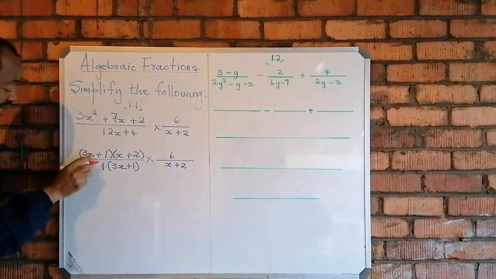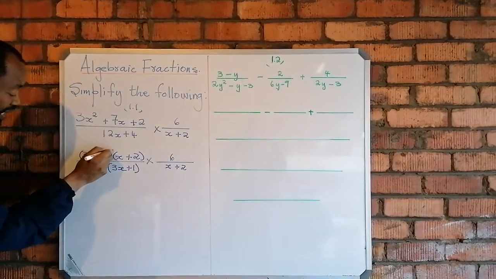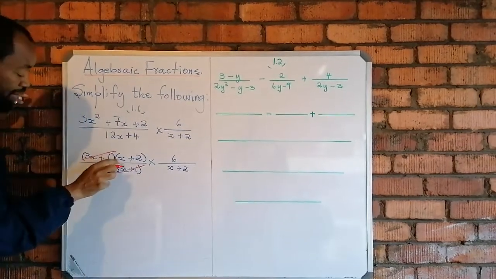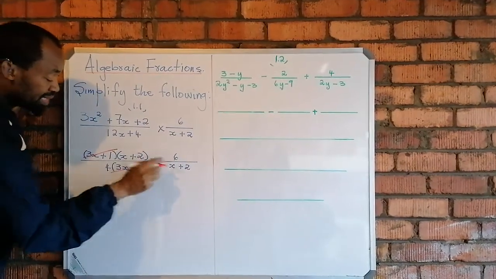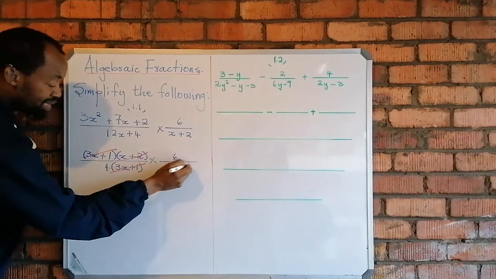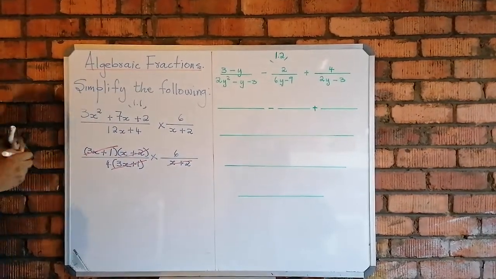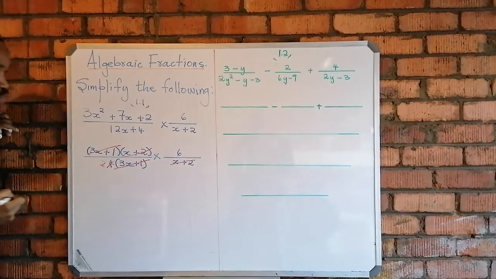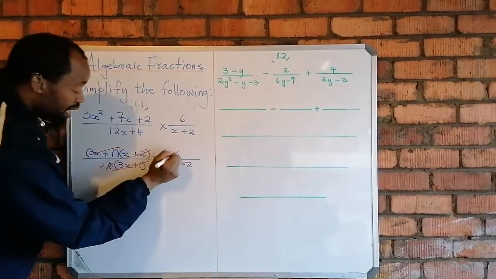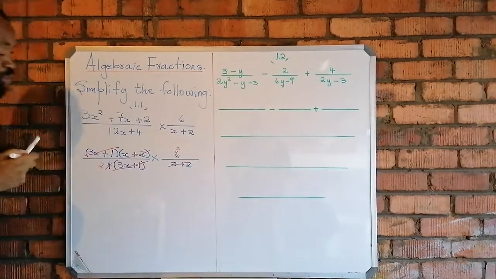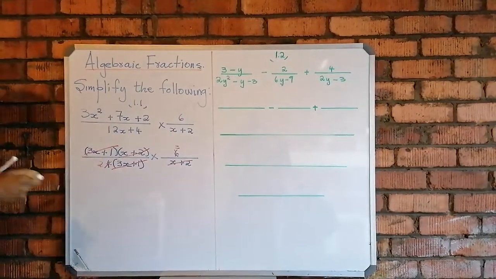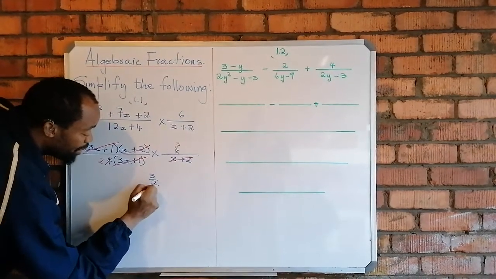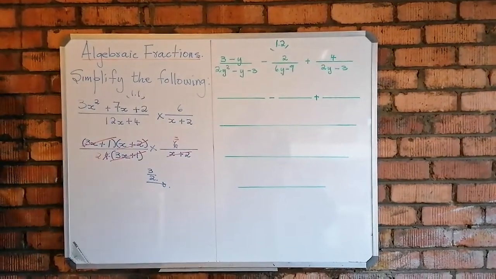Now, 3x plus 1 is the same as 3x plus 1. I cancel out that whole bracket. x plus 2 is the same as x plus 2. I cancel out that particular bracket. There are 2 2's in 4 and there are 3 2's in 6. That means my answer is 3 divided by 2. I am done here, folks.